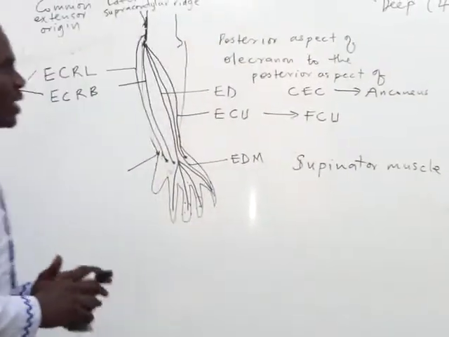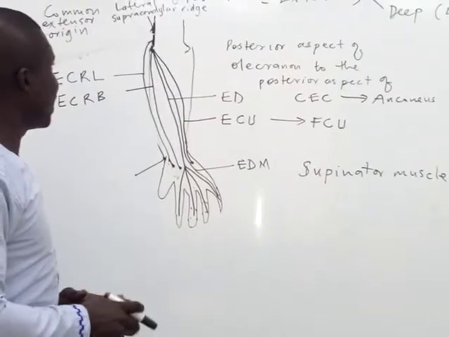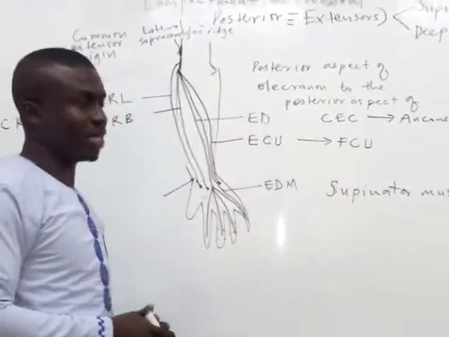So at least, as I said, there should be at least 7 of them. We've seen these are the muscles. So these are the superficial group of the extensor muscles.